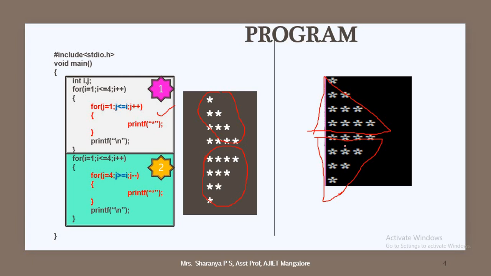First it will begin with 4, and next 3 down to 1, so it keeps decrementing. So we have used the decrement operation, and we loop according to the I value. We have connected the condition with the I loop. This is how we can combine the two codes together and run a new pattern.